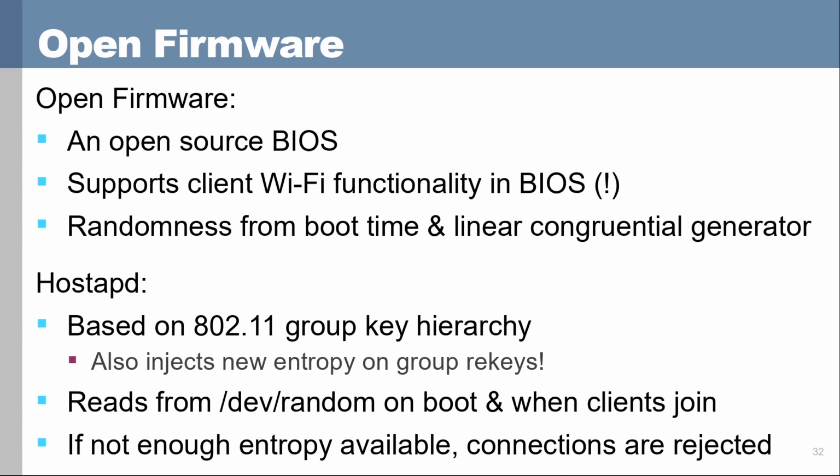And if for some reason there is not enough entropy available, it will simply wait until the first client connects, and then it will try to read again from /dev/random. And if there still isn't enough entropy available, it will simply reject connections. So in other words, if you use hostapd, everything should be fine. Of course, if the kernel and everything works properly.